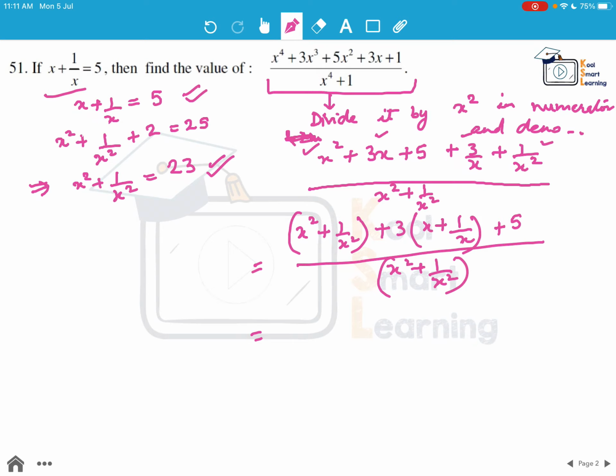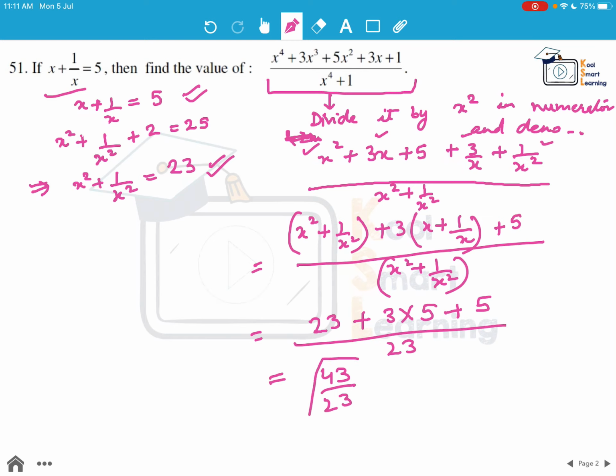So we'll just put these values here. We get 23 plus 3 into 5 plus 5 divided by 23. This becomes 43 by 23. So this is the value of the given expression.